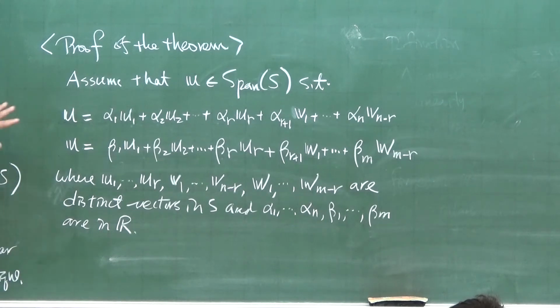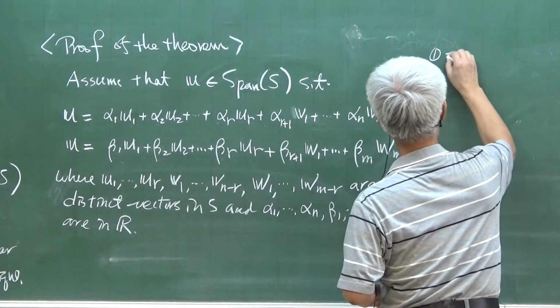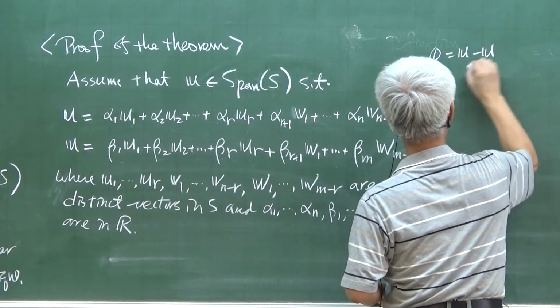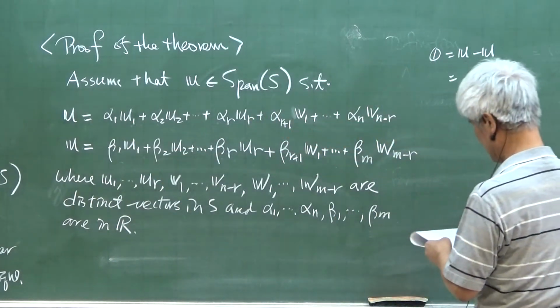All right, so we have this situation. Now, 0 is u minus u, so I make the subtraction.